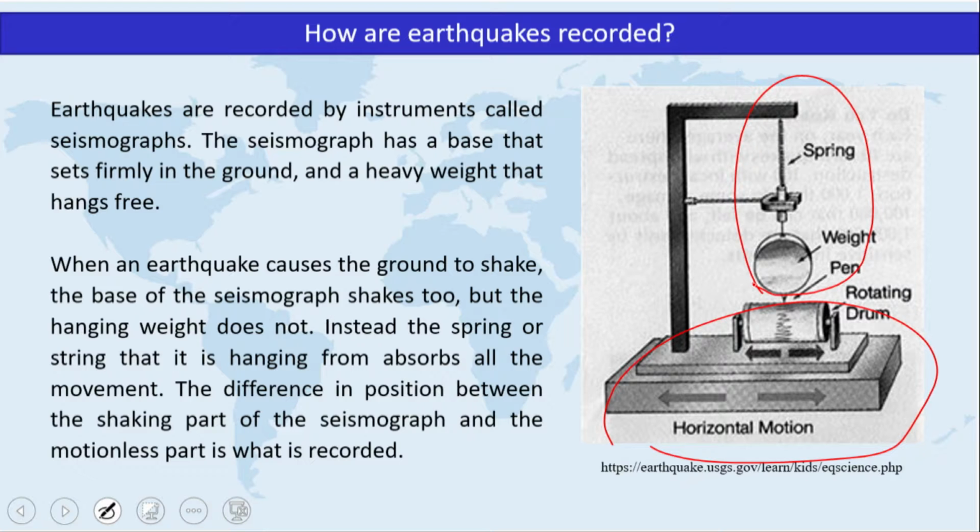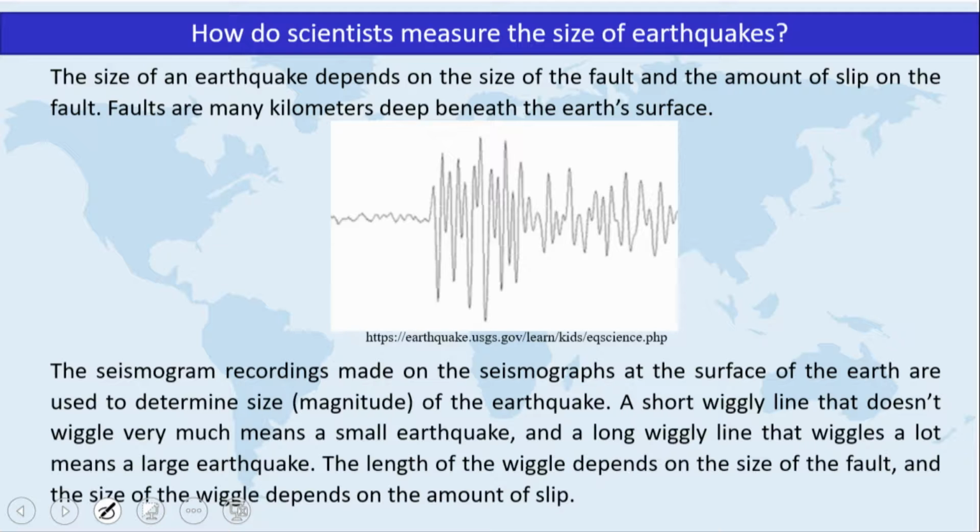When an earthquake causes the ground to shake, the base of the seismograph shakes. This instrument is called a seismometer, and the pattern which it draws is called a seismograph. The hanging weight, because it is hung on a spring, does not shake, so it draws that pattern on the drum.